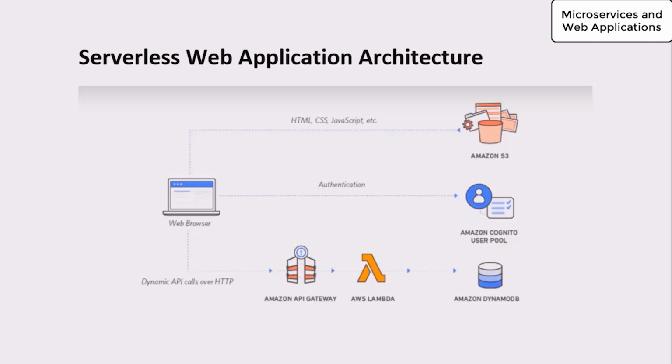Once authenticated from the Cognito user pool, he will make dynamic API calls with Amazon API Gateway, which will trigger the Lambda function, and the Lambda function in response will make an entry in DynamoDB and register the request of the user and serve it later. So this is how it works. In S3 we'll be keeping the HTML and CSS files, which are the web application files. So this is the basic serverless web application architecture we are going to implement in the demo section.